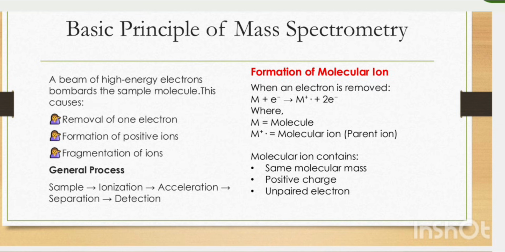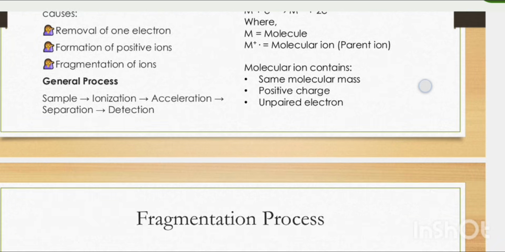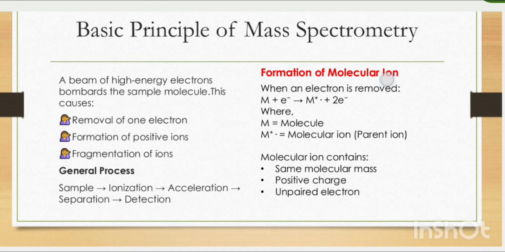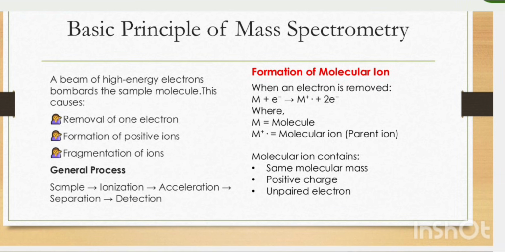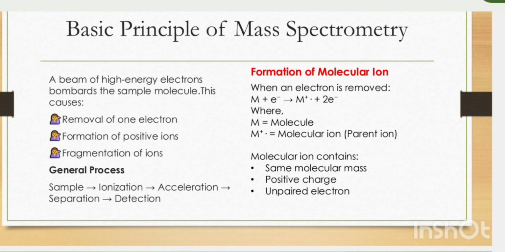Let's see how the molecular ion is formed. The reaction can be written as M plus electron gives M positive radical plus 2 electrons. Here, M represents the original molecule. M positive radical, written as M+•, is called the molecular ion or parent ion.